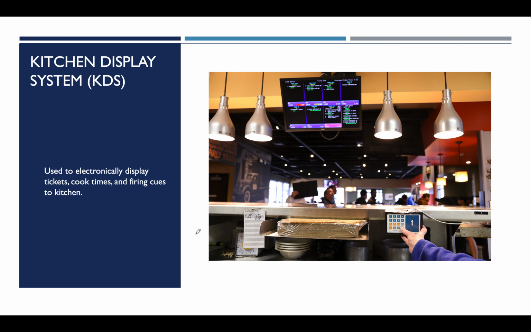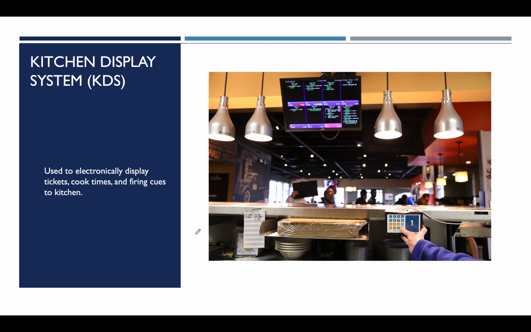When the servers ring these items in, either the whole ticket can show up on everyone's screen, or just the item specific to that station can show up. So Garde Manger would only have the appetizers and salad show up, and Grill would only have items that need to be fired for Grill show up, etc.